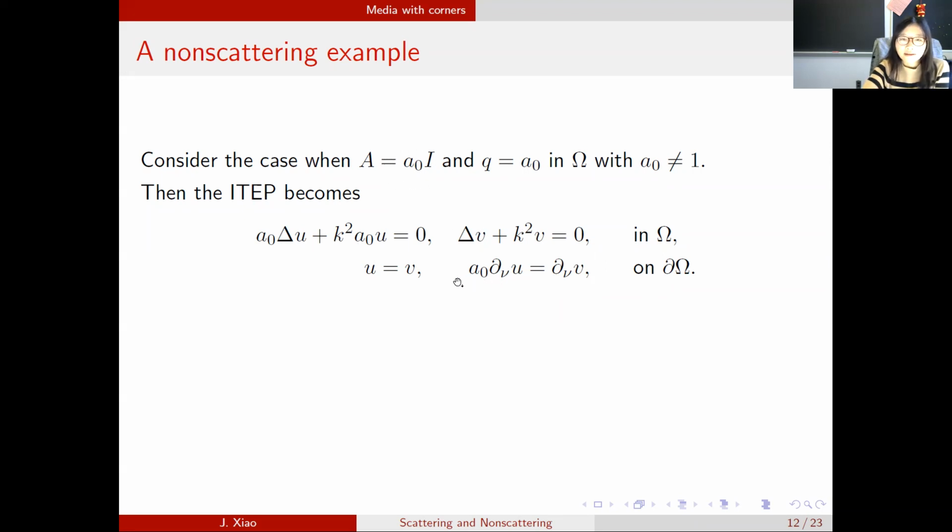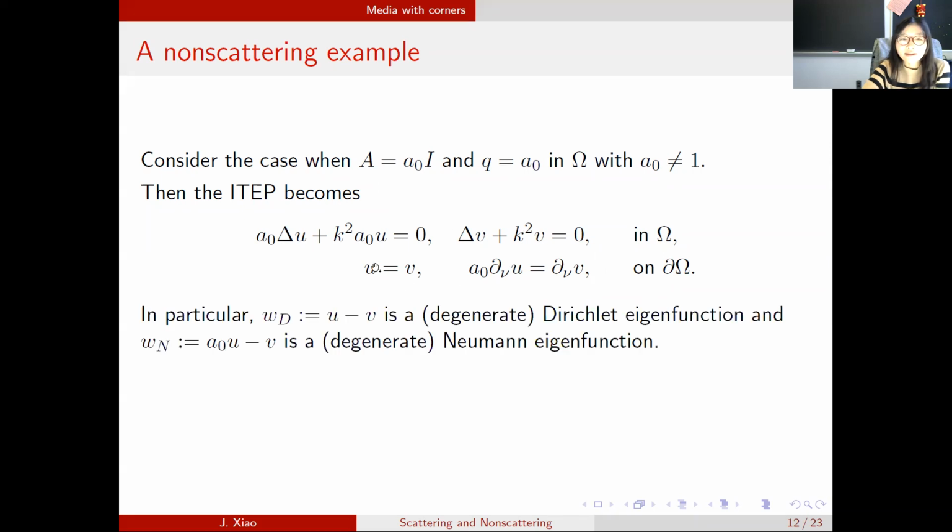In this case, we can consider the difference between U and V, and also the difference between A times U minus V. Because the PDEs are the same, we can see easily that the difference between U and V is actually a Dirichlet eigenfunction, and the other one is a Neumann eigenfunction.